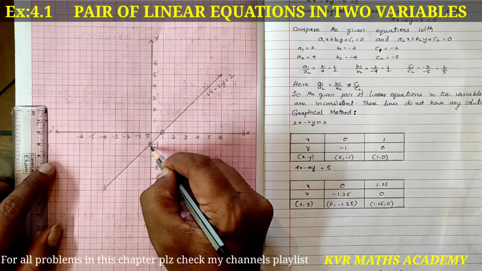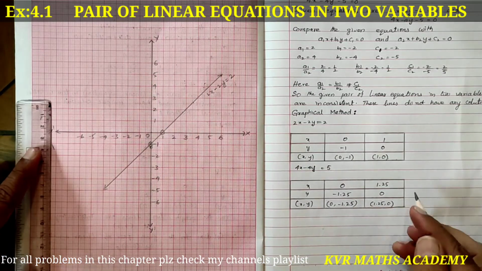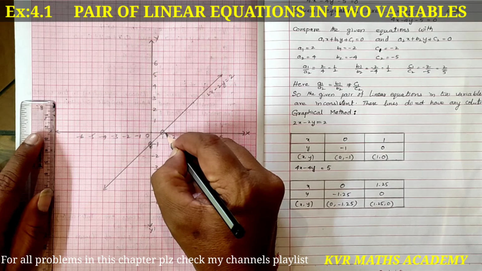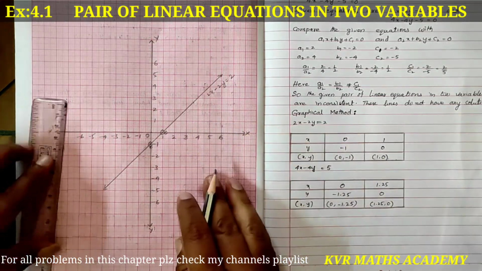Look here, this one. So 1.25 means 1.2 or 1.3 we may take. In the same way, this is 1.25 comma 0 on x-axis. 1.25, 1.2 or 1.3 you may take. So join these both.